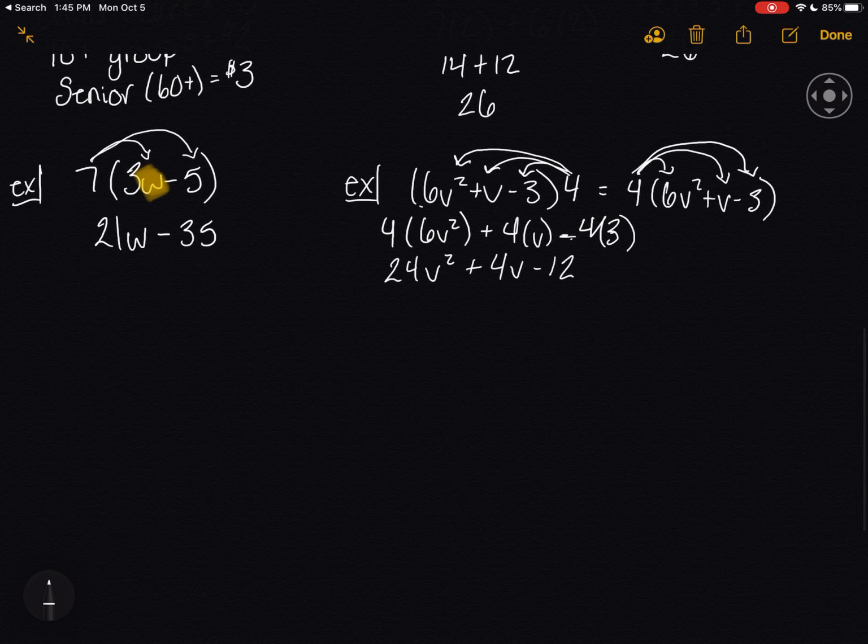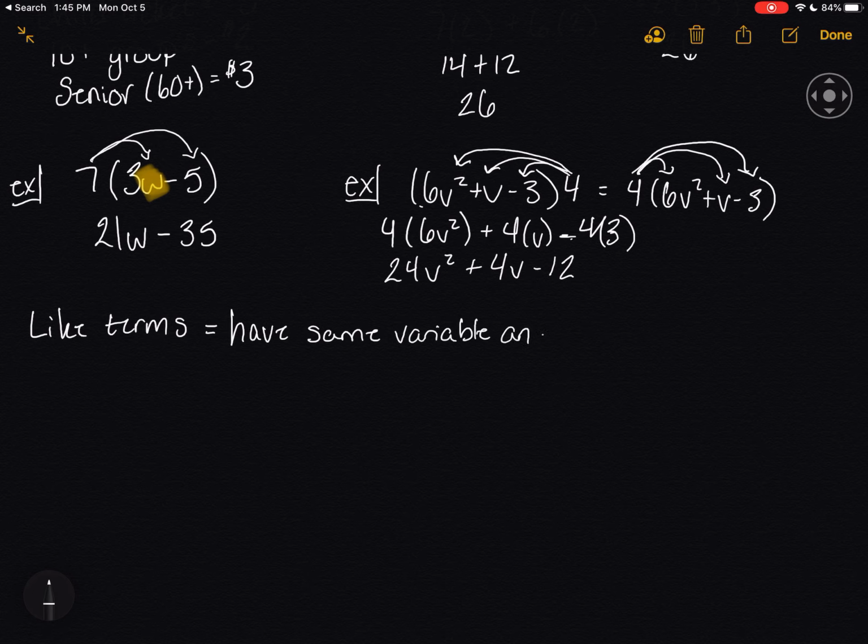a few vocabulary words here. So like terms, those have the same variable and they have the same exponent. So same variable and same exponent, or the same power. So if I was to give you something like 6a squared and a squared, those could be put together because those are considered like terms.